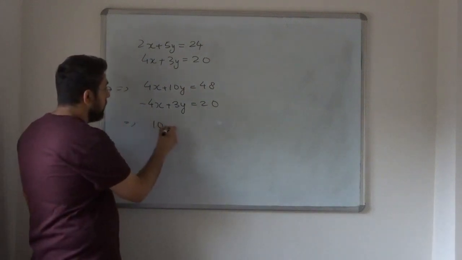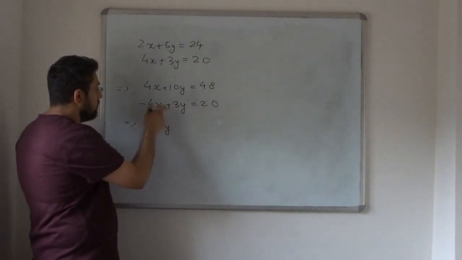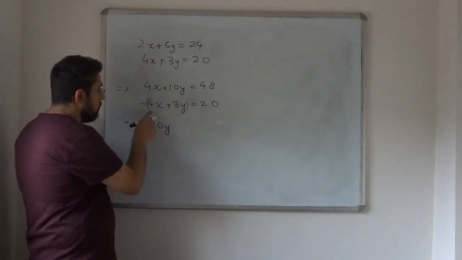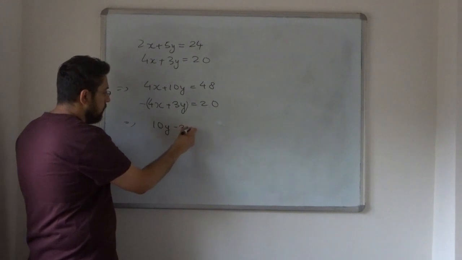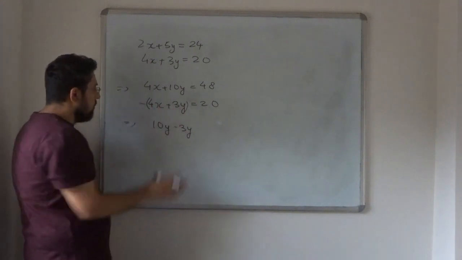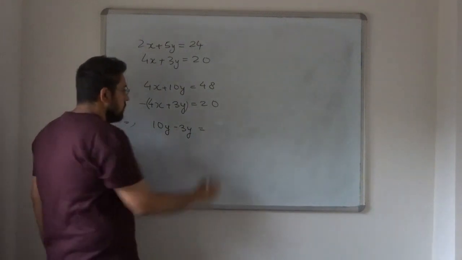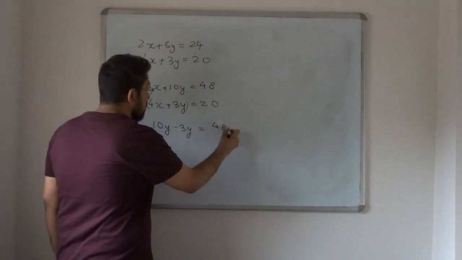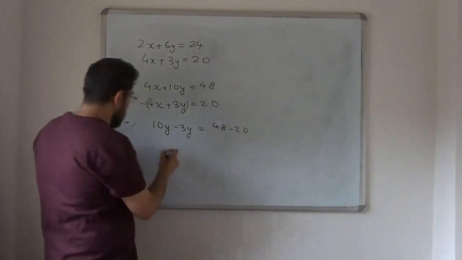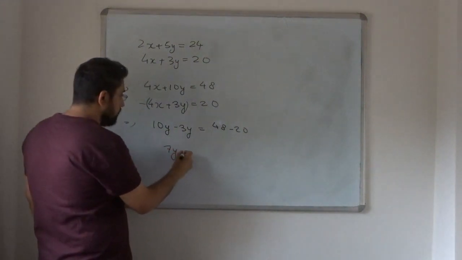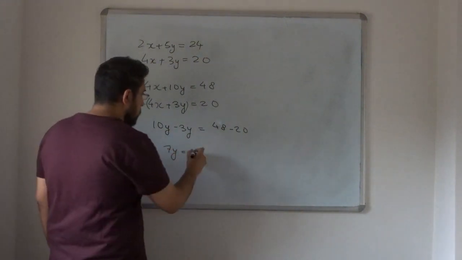Then 10y minus 3y, because we're subtracting the entire equation, equals 48 minus 20. So now you get 7y equals 28.